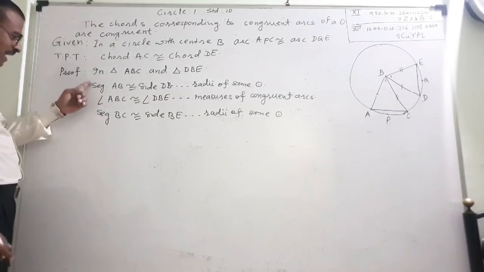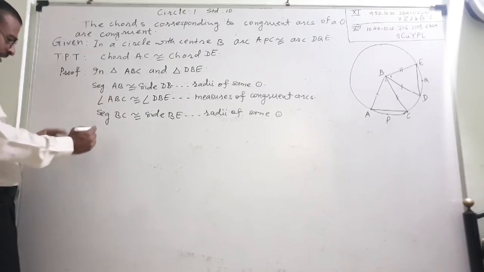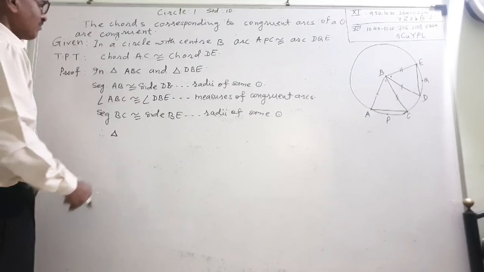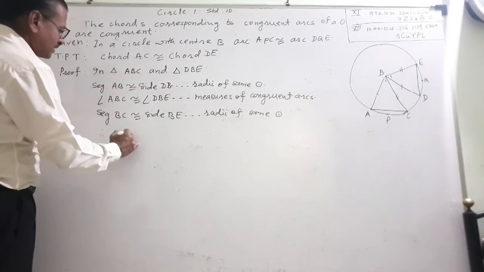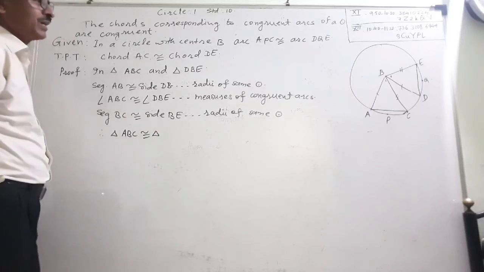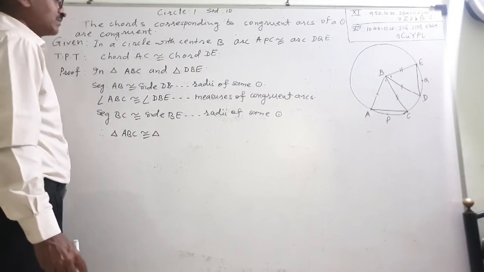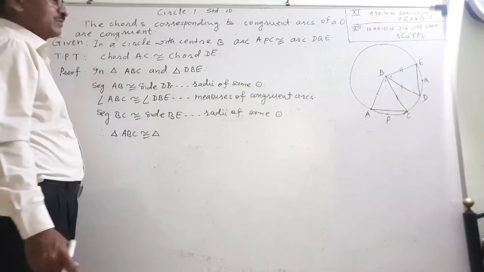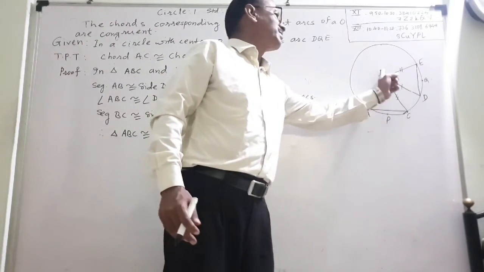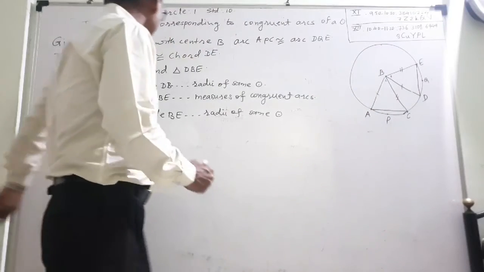Now see, this is side, angle, side. Therefore, these two triangles, what do we have to say? Triangle ABC congruent triangle DBE.